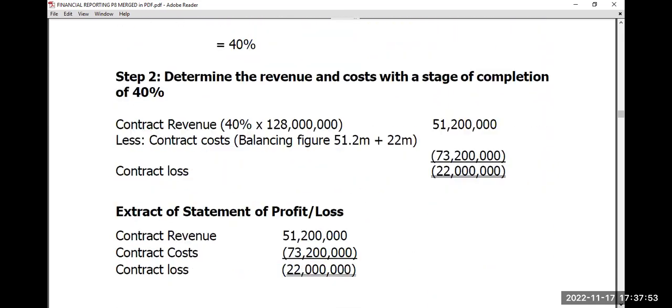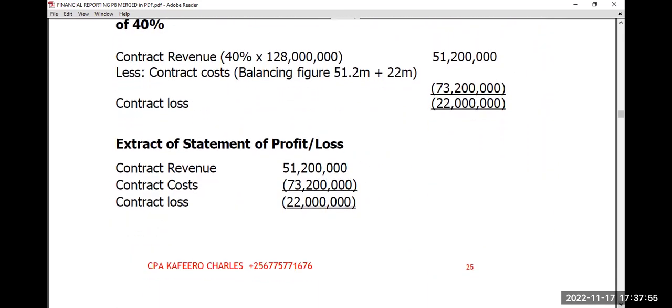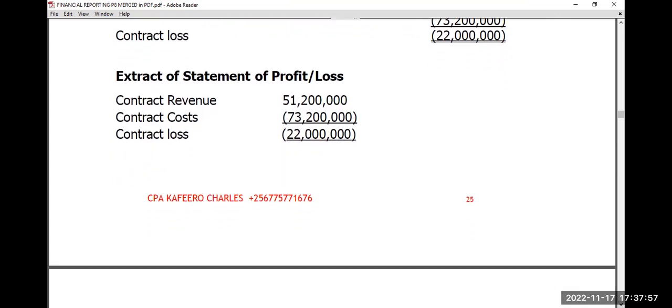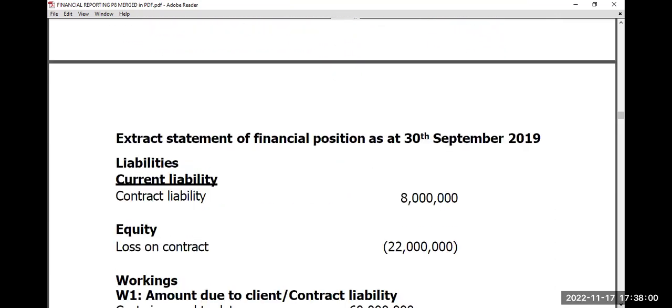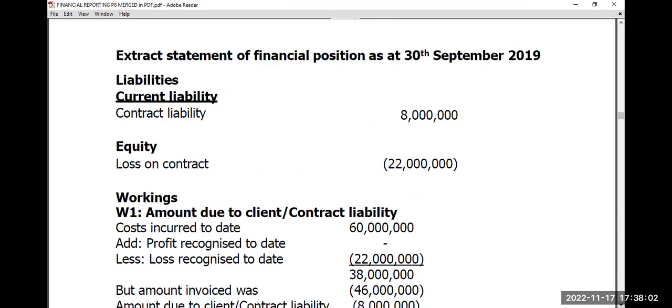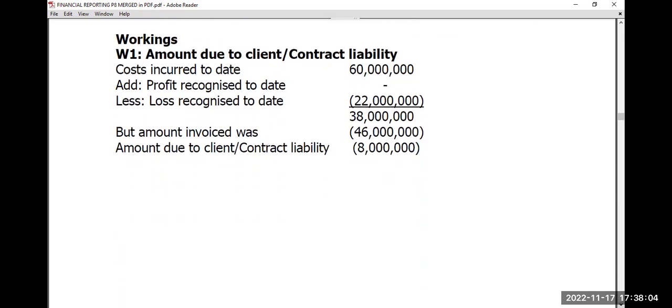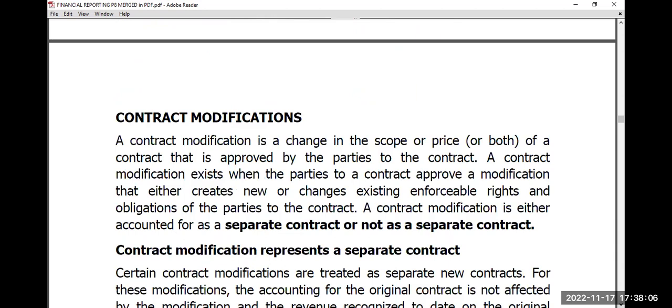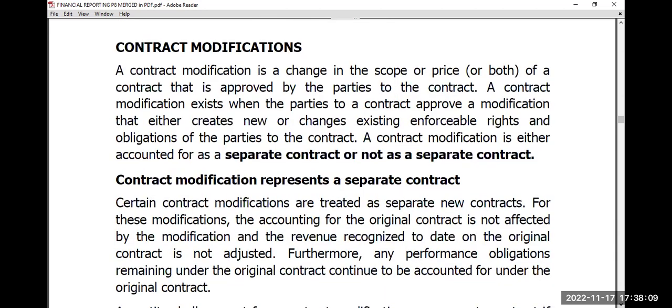Let's try to look at the second last point, and we'll call it a day. It's all about the contract modification.